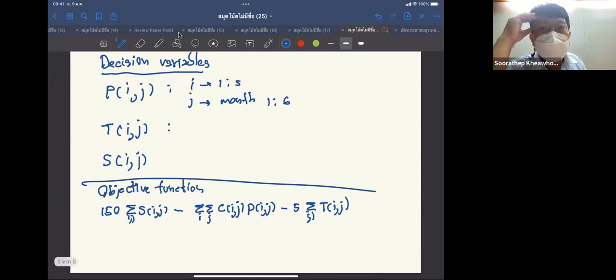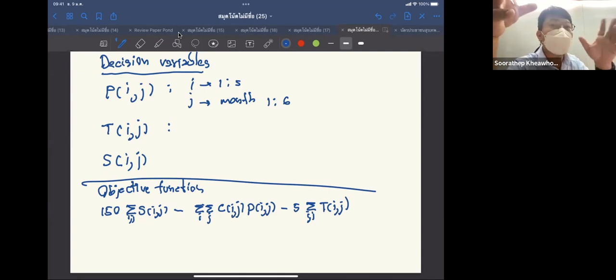This is the objective function. But the problem is the amount of oil in the tank at the beginning. The problem is maybe how we define the cost at the beginning or at the end.